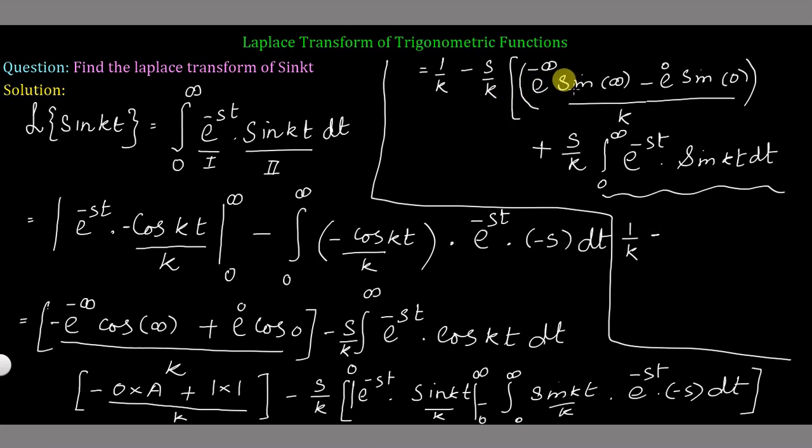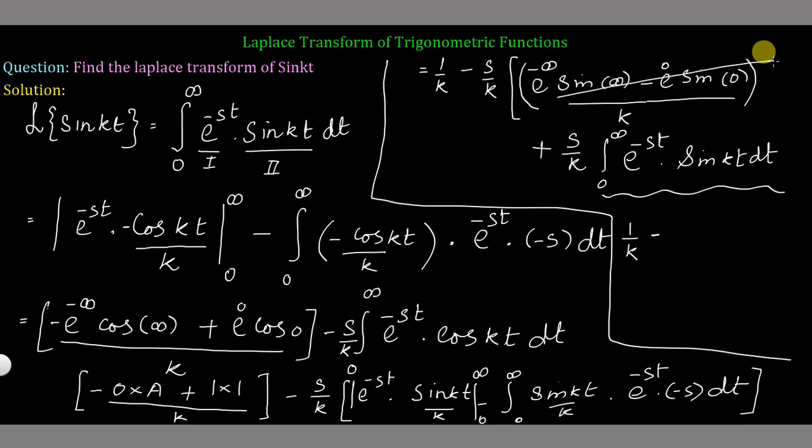Minus, this will be 0 as we have done before, since e raised to the power negative infinity is 0, and cos infinity is some number because cos and sine both have a range from minus 1 to 1. So in a similar case this will be 0 and this will be a, so after multiplication the answer will be 0, and sine 0 is also 0.